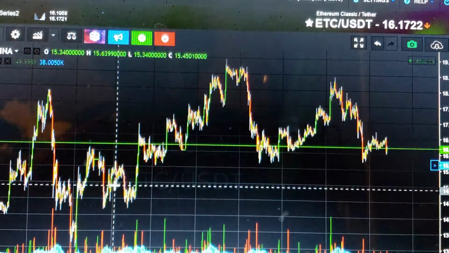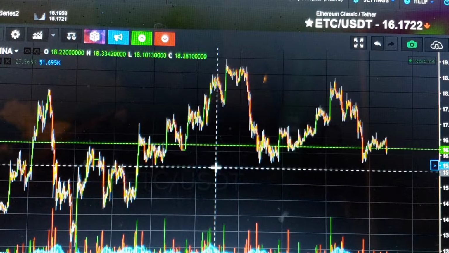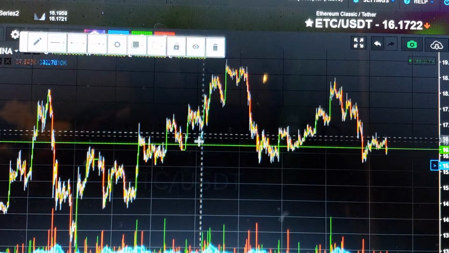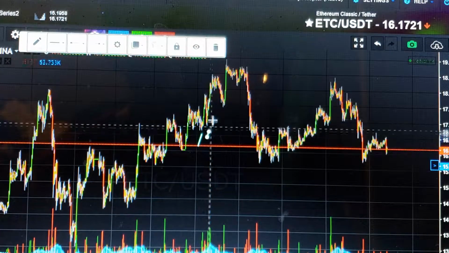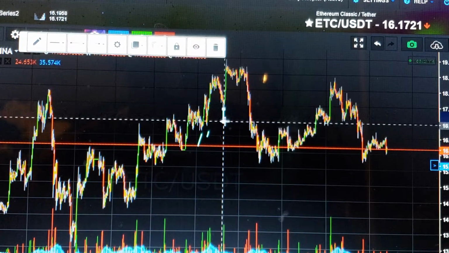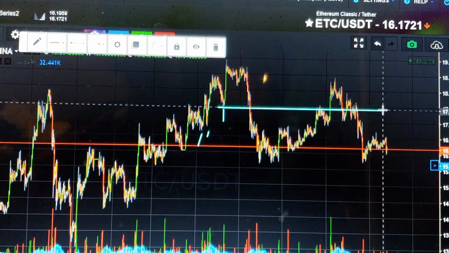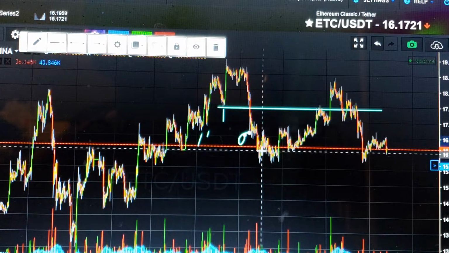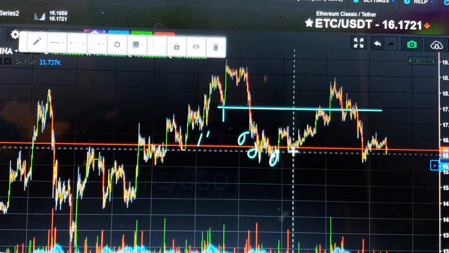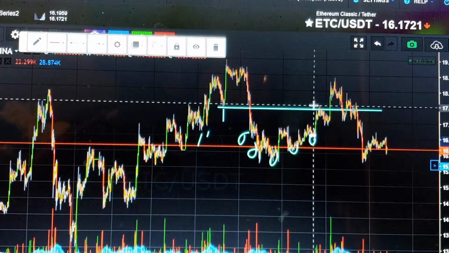You starting to see it? Push. Nothing. Push. Nothing. Push. Bam, there it is. So you could have bought little nibbles all through here. Exit.